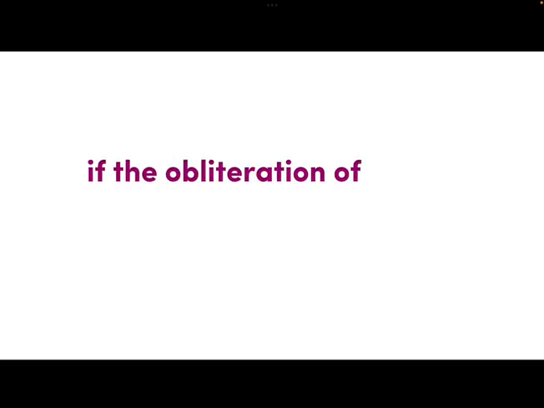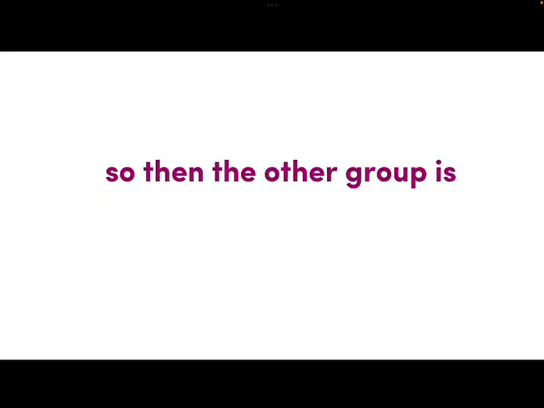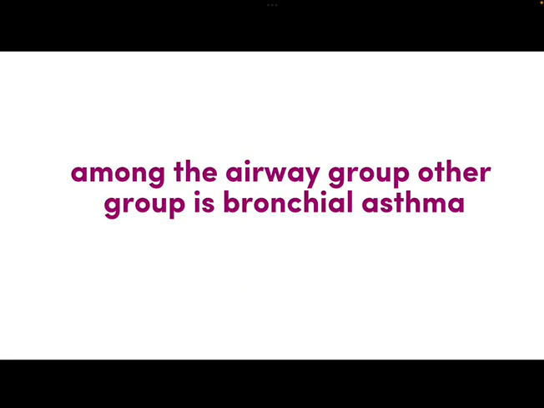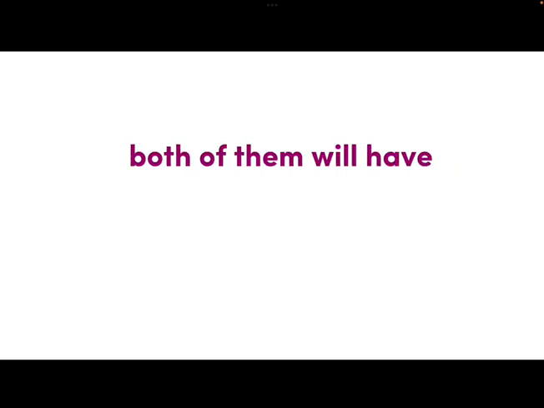If there is obliteration of cardiac and hepatic dullness, this is most likely COPD. Understand? The other condition in the airway group is bronchial asthma. Both of them will have a prolonged expiratory phase in the breath sound. Okay?